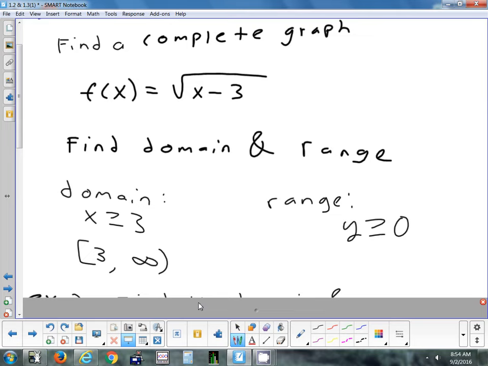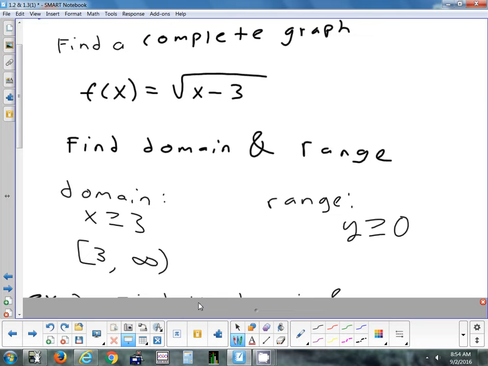And to undo squaring, I take a square root. So these equations are the same thing, just the bottom one I got y by itself. That's not a function. If you graph it, it would look like this. Kind of look like a parabola on its side. Why is that not a function?